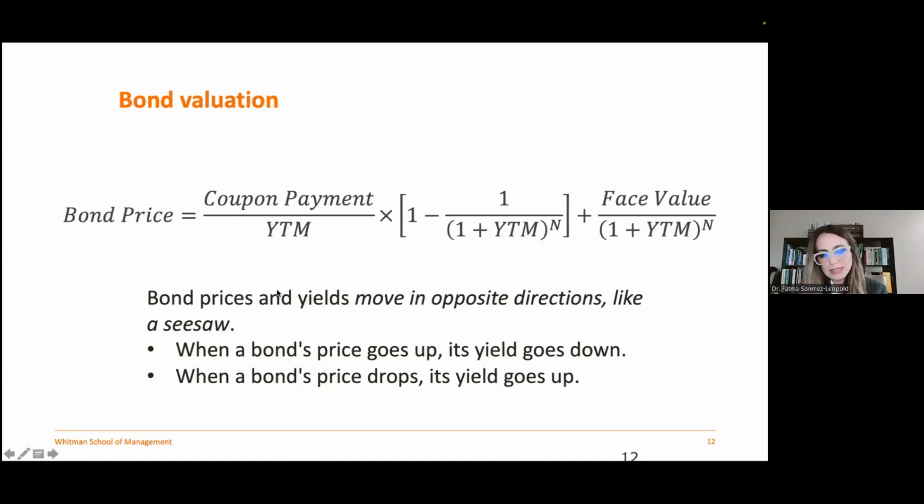But I want you to give attention to one very important fact: bond prices and yields move in opposite directions, like a seesaw. When bond prices go up, yield goes down. When bond prices go down, yield goes up.